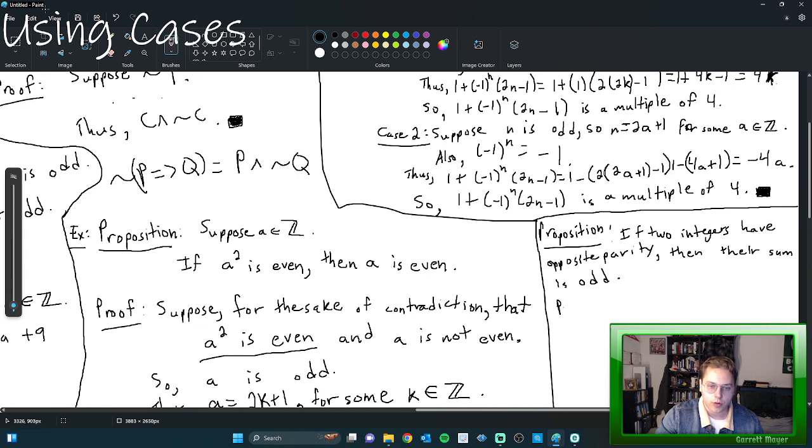For the proof of this, suppose m and n are integers with opposite parity.